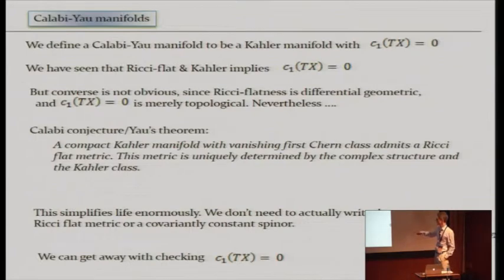And then Yau's theorem would tell you that for any complex structure and Kähler class, there exists a unique Ricci-flat metric with that Kähler class and that complex structure. And so you only need to check the Kählerness and this topological condition. And then you know it exists. I still won't be able to actually write down the metric. That's too hard to do. But there's an existence theorem which will tell you that it exists.